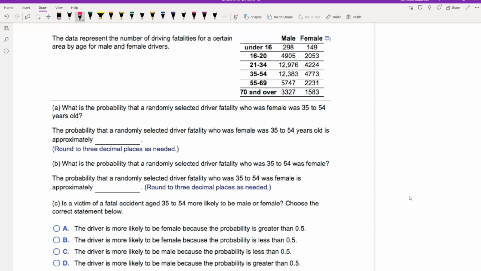Now here on this part, we have these 2 data sets, male, female. Part A, what is the probability that a randomly selected driver from Fidelity, who was female, was 35 to 54 years old.